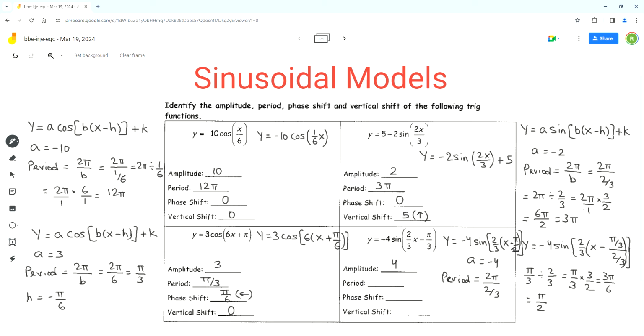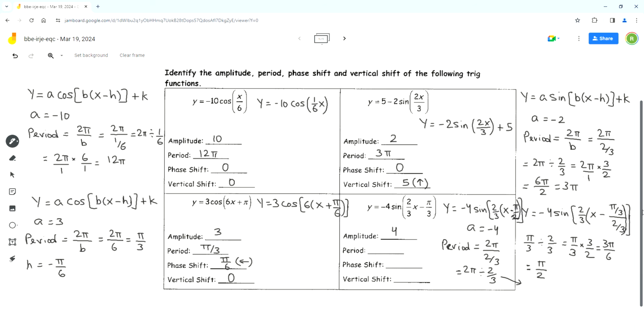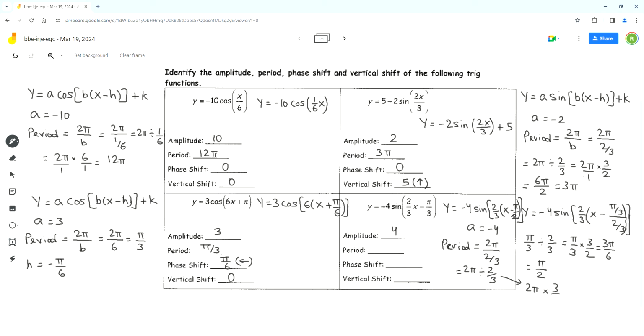Now we can simplify this expression. So we can write it as a division statement. So 2 pi divided by 2 over 3. And now we can change it into a multiplication statement. So we get 2 pi times, we'll flip the fraction, 3 over 2.